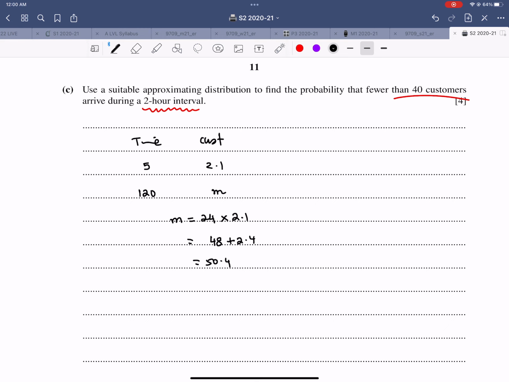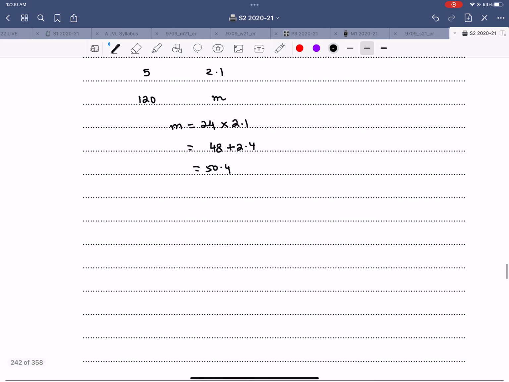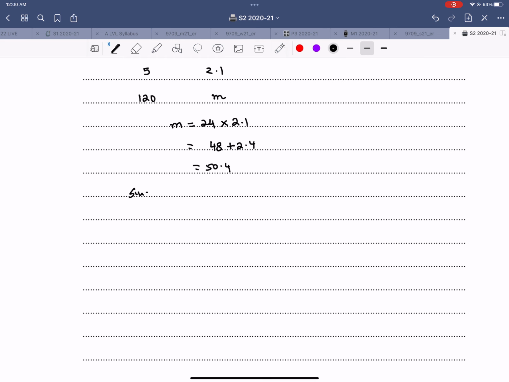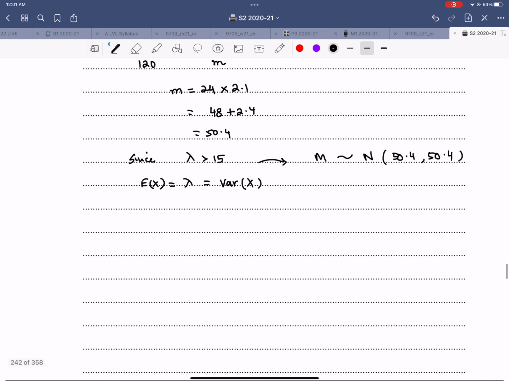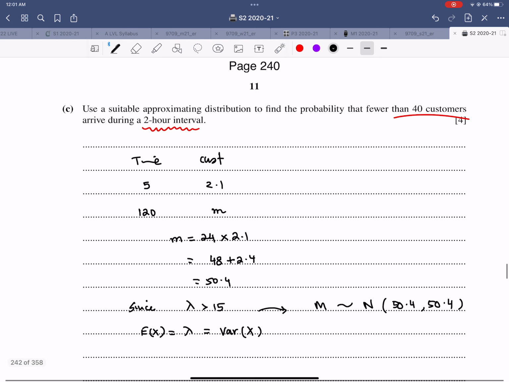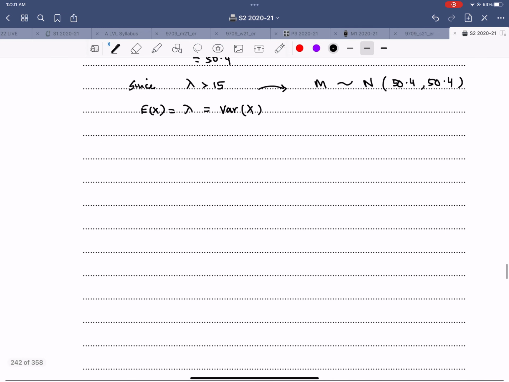So you would say since lambda is greater than 15, so therefore M follows a normal distribution 50.4, 50.4. Why? Because expectation of x is lambda, so is the variance of x. That's the property of Poisson distribution. Now it says fewer than 40. So probability M is lesser than 40.